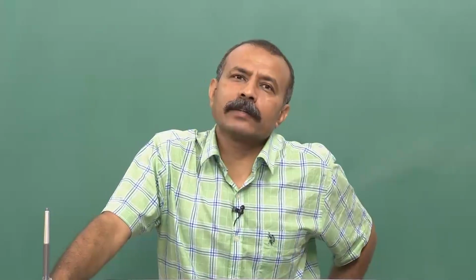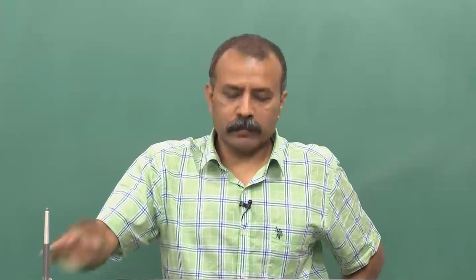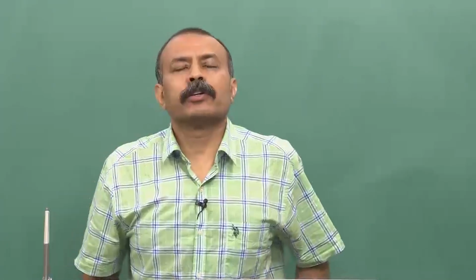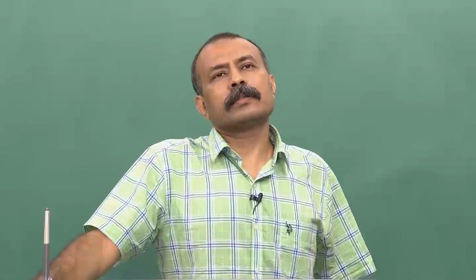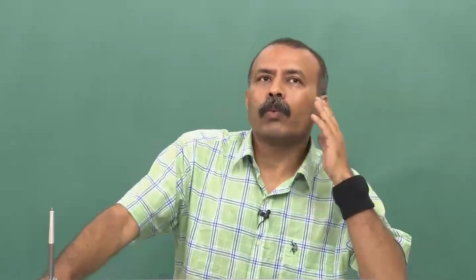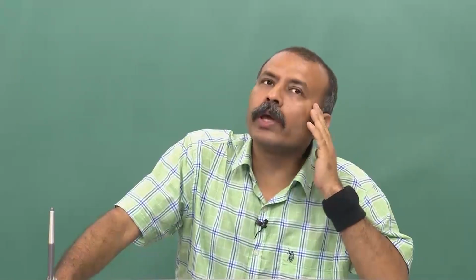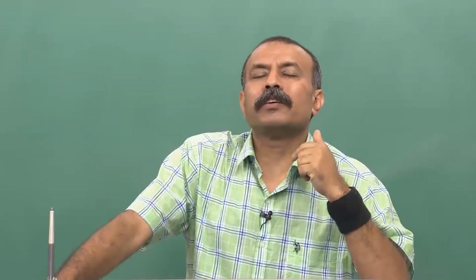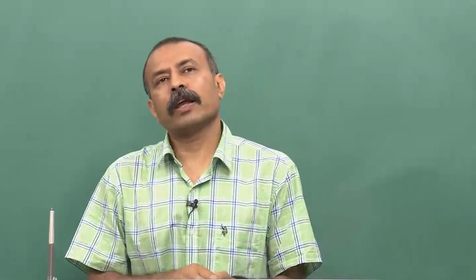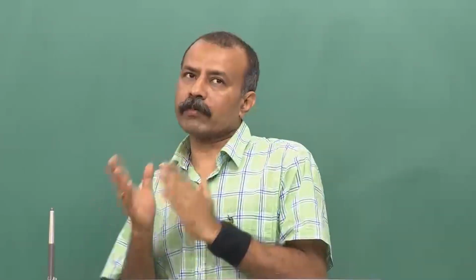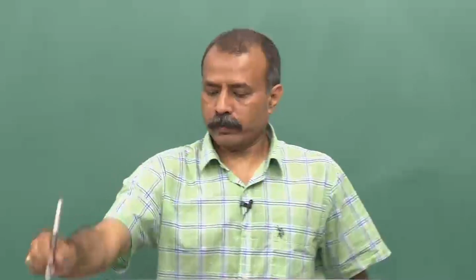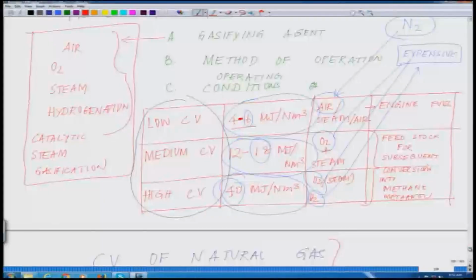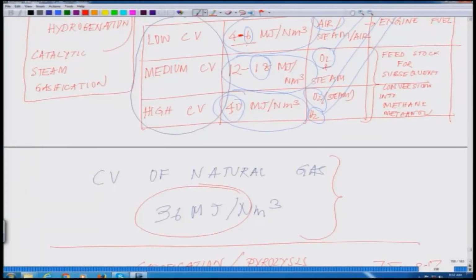Natural gas is 36 megajoule per Newton meter cube, whereas with our highest expenses we are getting 40, which is marginally different, and our low calorific value is at least 1/6 of what we get from natural gas. If you visit this again, this is the take home message. Here you have the 6, here you have 36, which is 6 times.